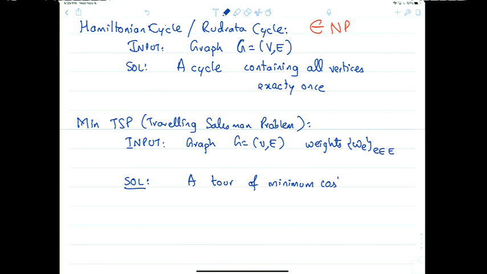Now, what is a tour? A tour is nothing but a cycle that goes through every vertex exactly once.